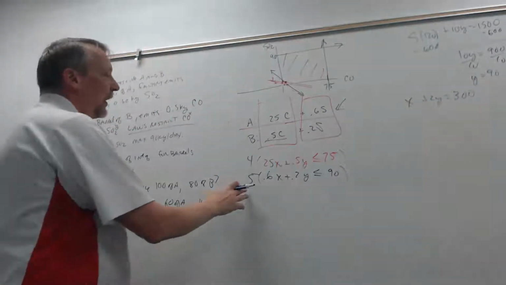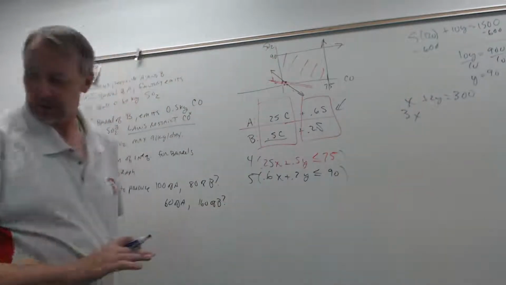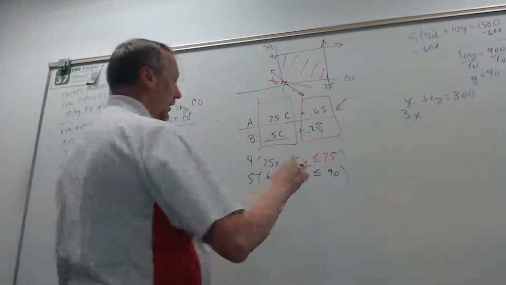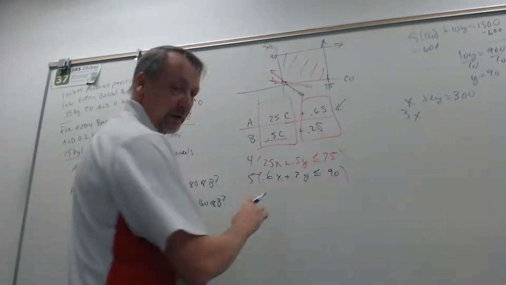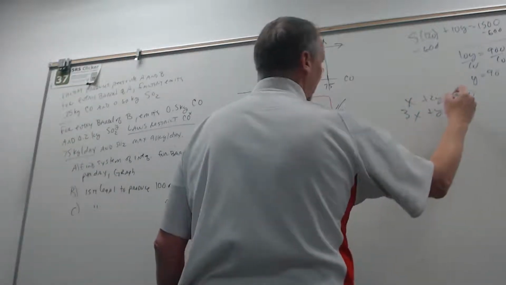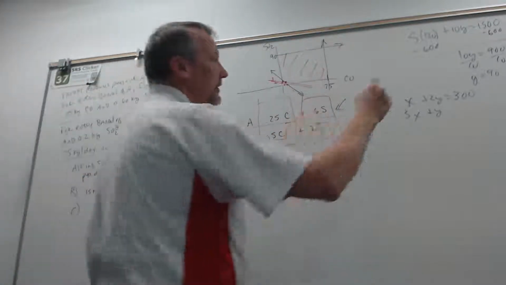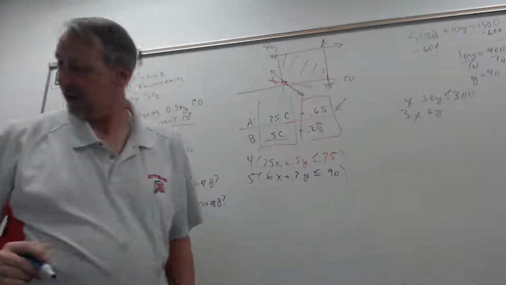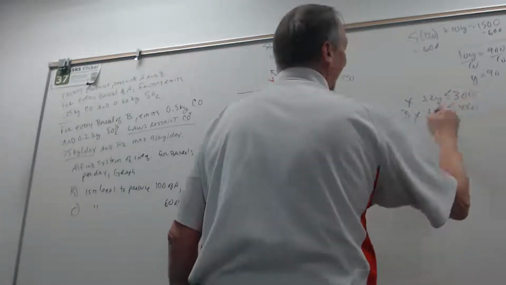If we do this, 5 times 0.6 is 3x, right? Yeah. 5 times 0.2 is y. And then, actually, I should keep my inequalities here. This is less than or equal to 300, and this one is less than or equal to 450. That's better.